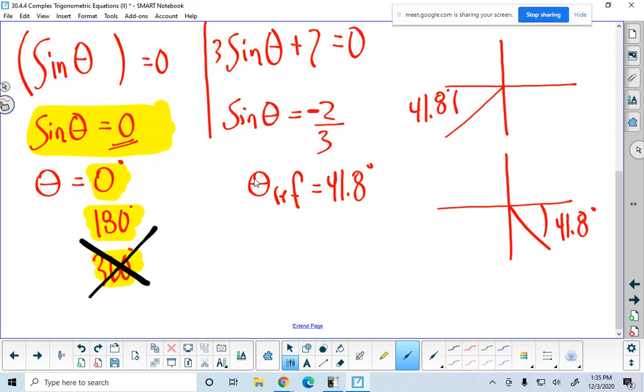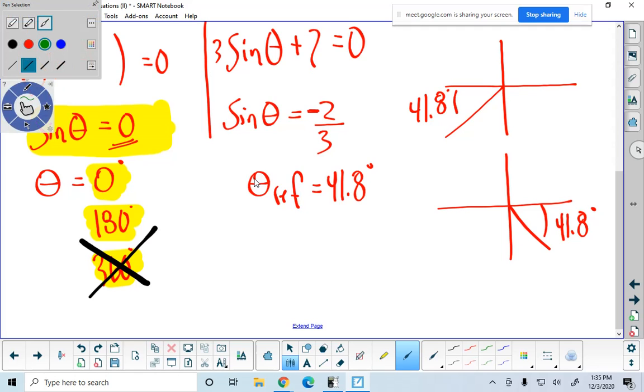I mean, we've come a long way in a couple of days. There's a lot to remember here. What is the actual rotation angle now? Well, it's whatever this is in degrees, and it's whatever this is in degrees. So it looks like we are going to have to take 180 plus 41.8, which gives theta equals 221.8 degrees.